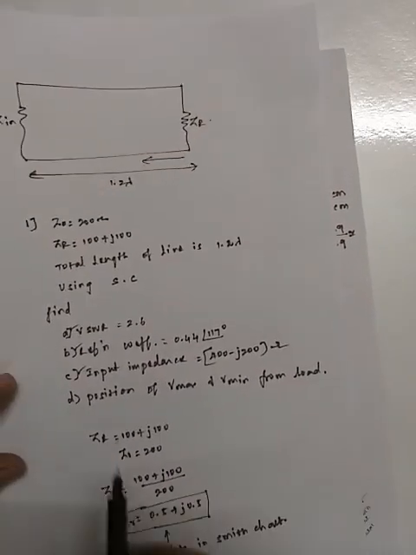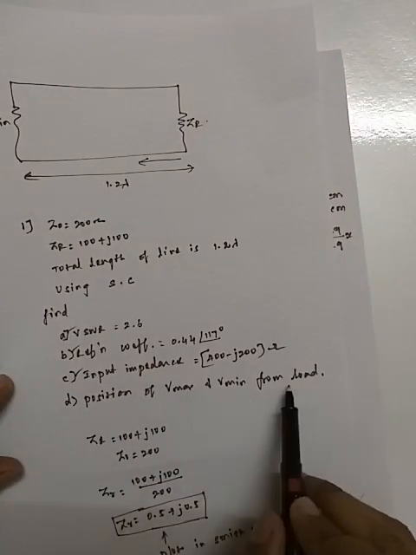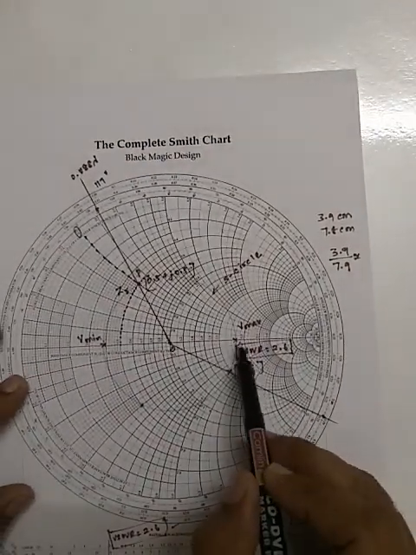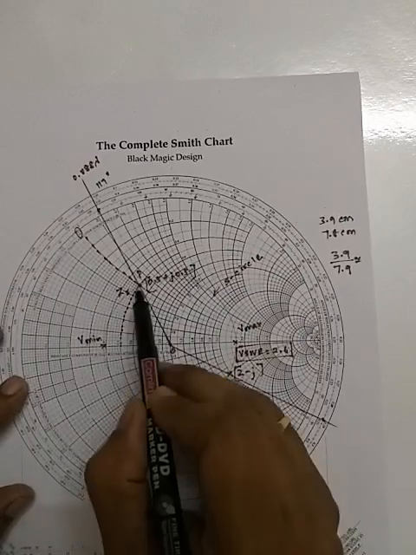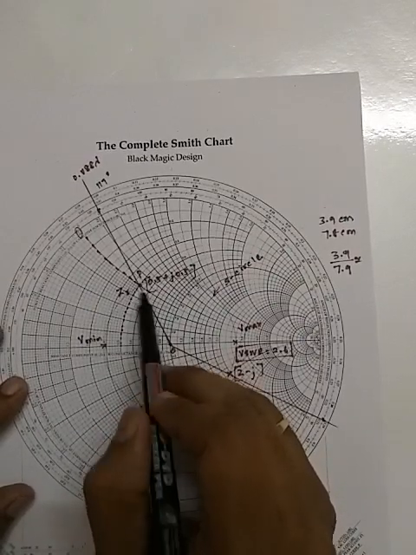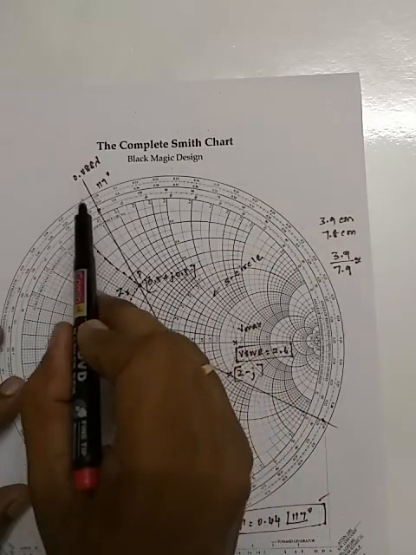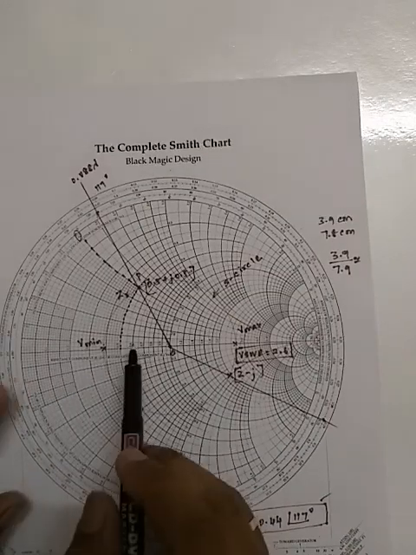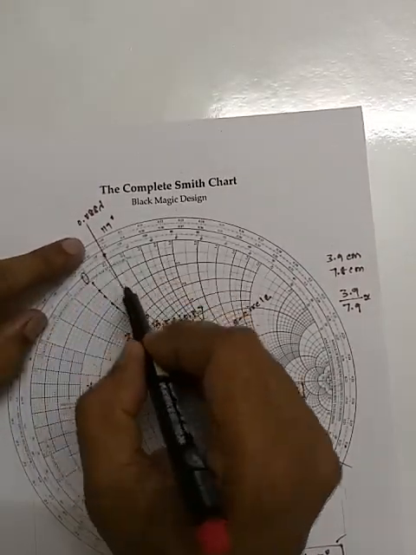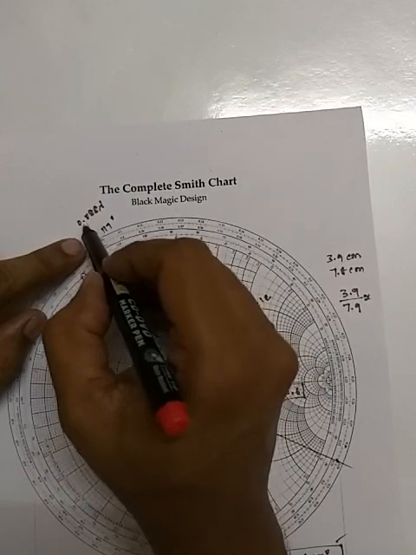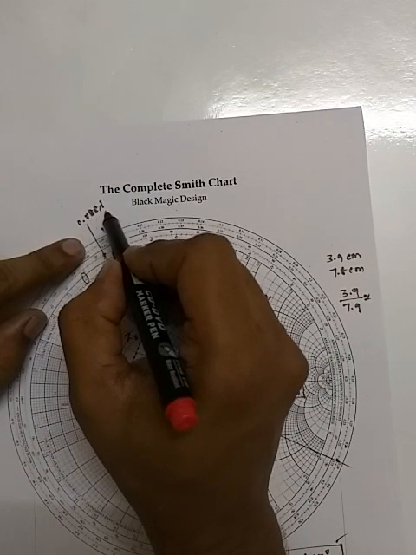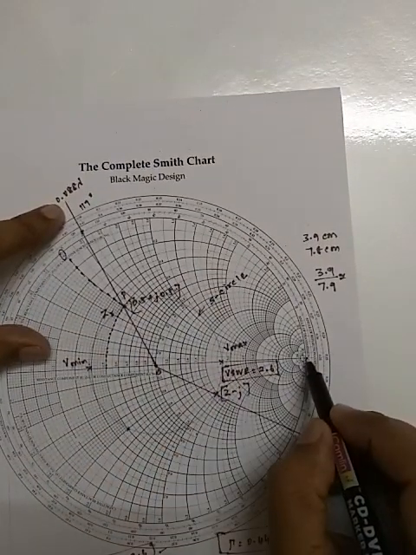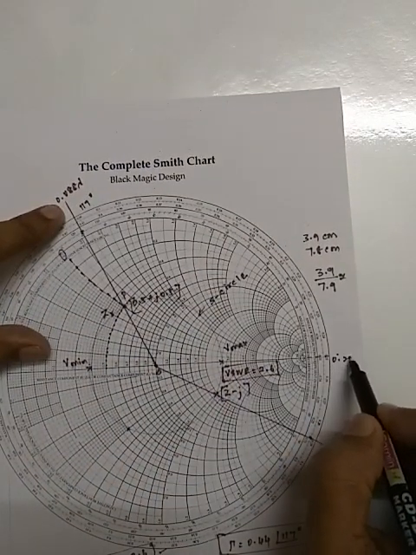And the final question: position of Vmax and Vmin from the load. We know the location of V maximum and V minimum. This is V maximum, this is V minimum, and this is the location of our load. So what we have to do is find the distance from this load up to V maximum and V minimum. The point where our load is located is 0.088 lambda, and the V maximum is located at 0.25 lambda.